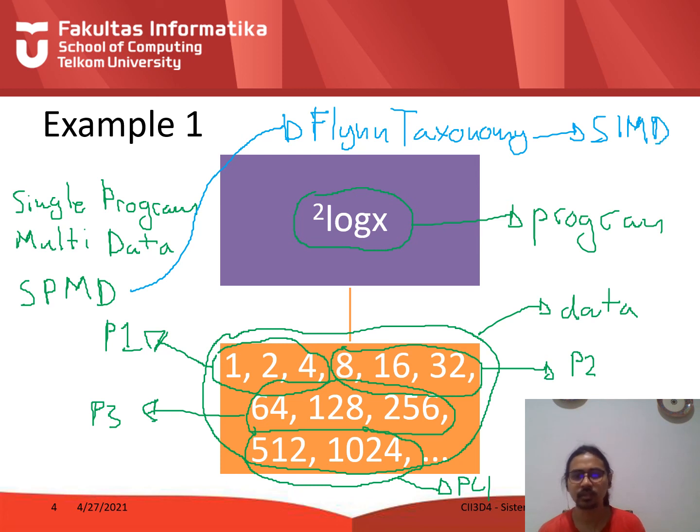SIMD is single instruction multi-data, SPMD is single program multi-data. So this is one way of problem decomposition. You see the problem is to log x, one program but many data, so you use SPMD.